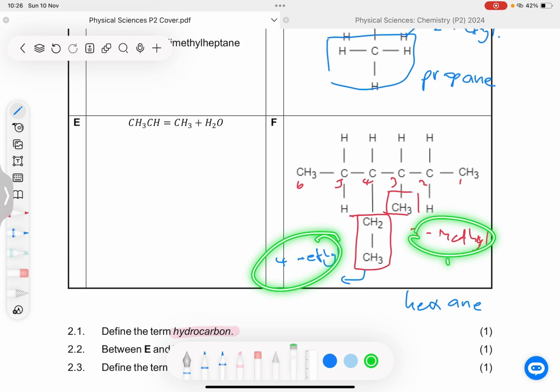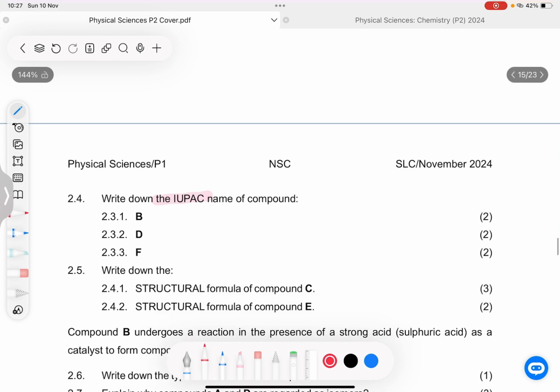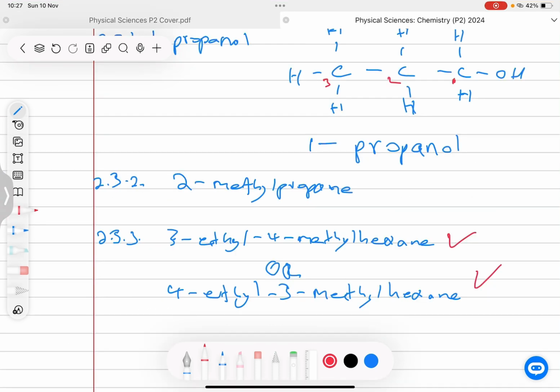And again, we name them alphabetically. We'll start with this, followed by that, mixed with our base name. So another name that we can have would be 4 ethyl 3 methyl hexane. Now both these names are correct, and they'll guarantee you the 2 marks there.